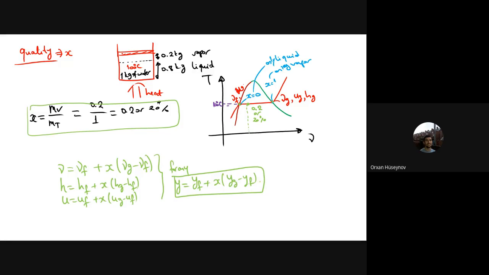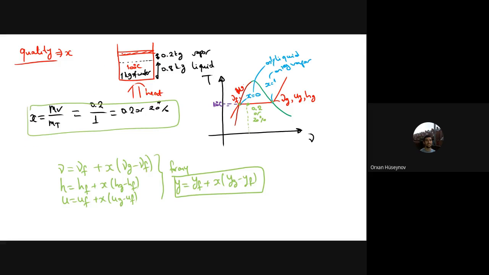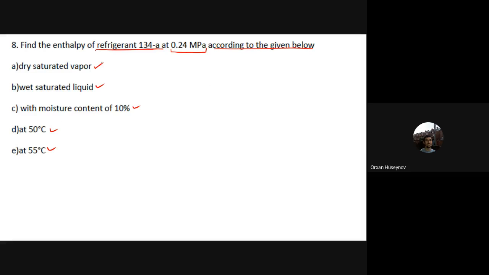Okay, so now let's go back to our example and solve it, if you know what quality means. Firstly, we will find the dry saturated vapor. Here, dry means it has a quality of 1. The wet saturated liquid means wet has a quality of 0.